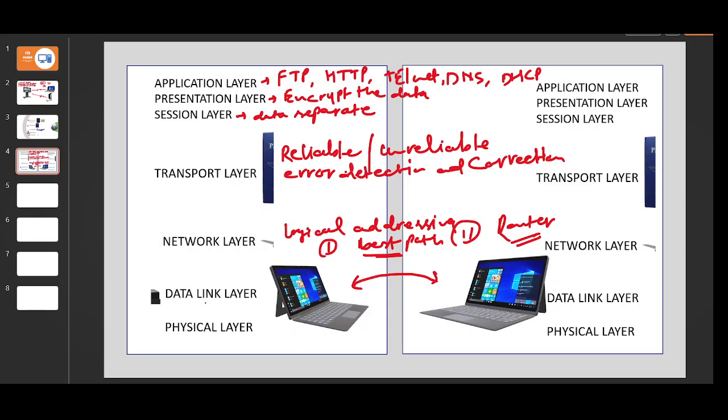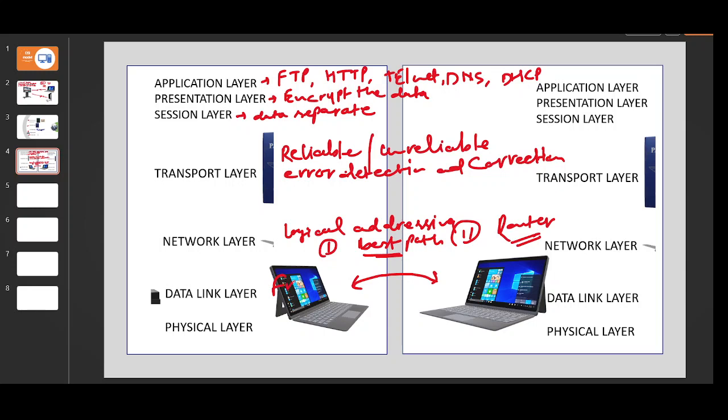Now come to the data link layer. What do you think? This layer combines packets into frames. Here packets work, so here frames. This combines packets into frames.